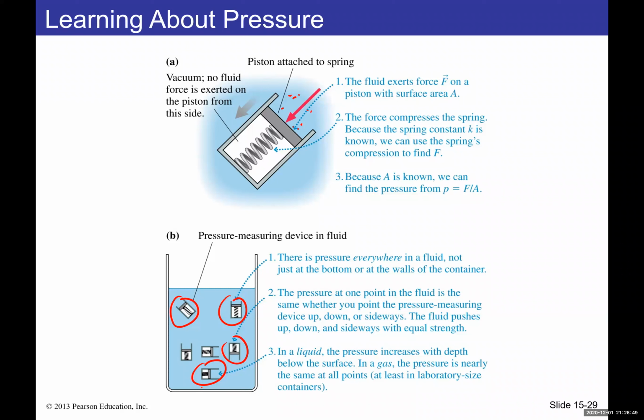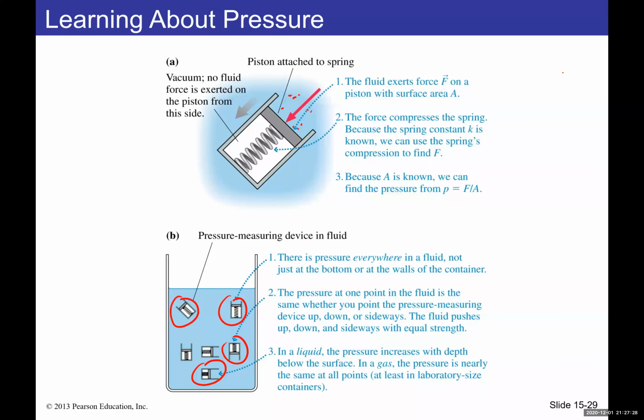That means there's actually pressure everywhere inside the container. Water molecules are moving around, colliding with that piston and compressing the spring. But it seems like the greatest force compressing it is at the greater depth. So that's one of the important things to understand.